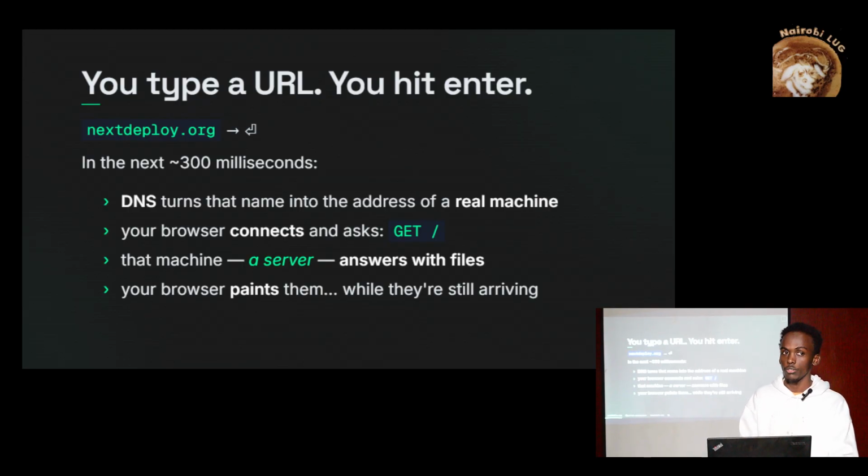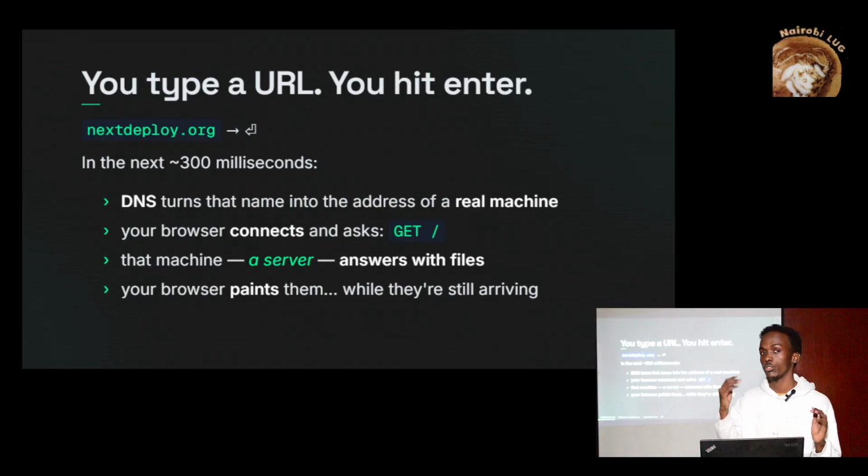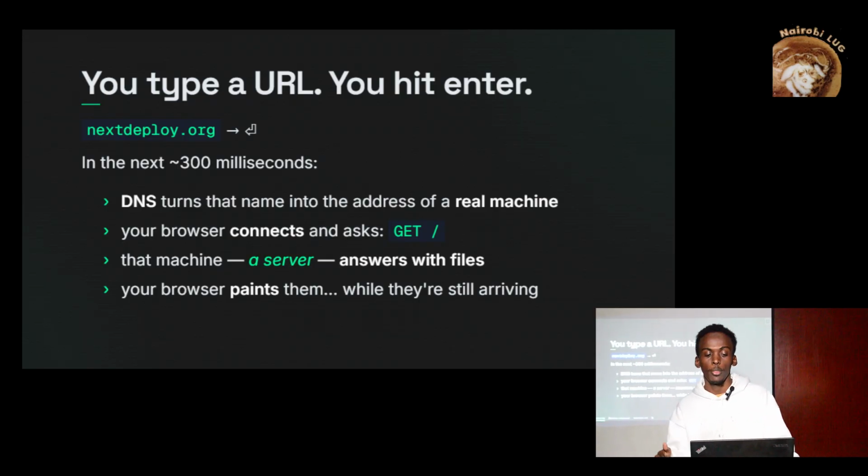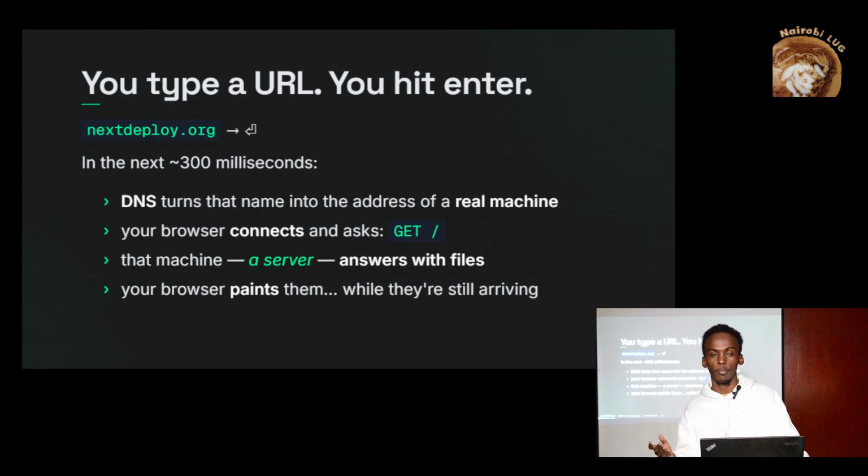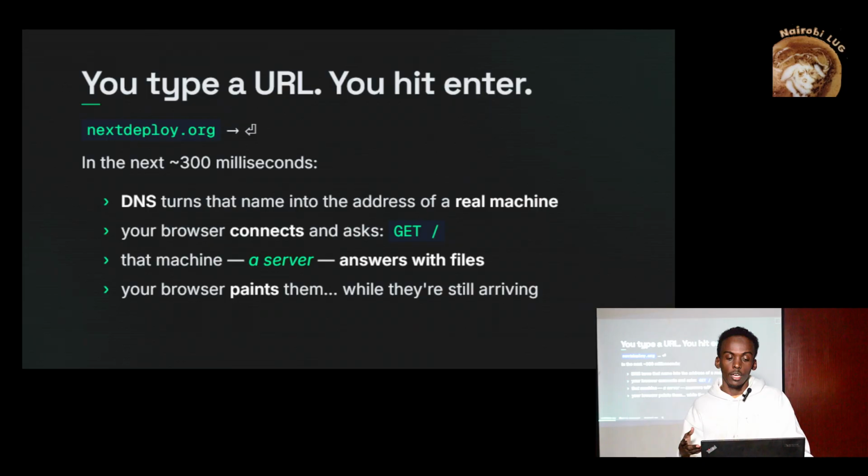If you want to visit nextdeploy.org and you enter the URL into a browser, within 300 milliseconds something very advanced happens. A lot of steps happen. One of the first things is that the browser asks the DNS, the domain name system, where the code of that website is hosted.